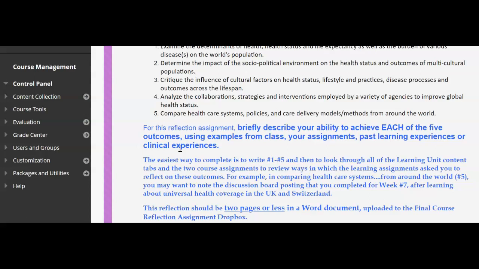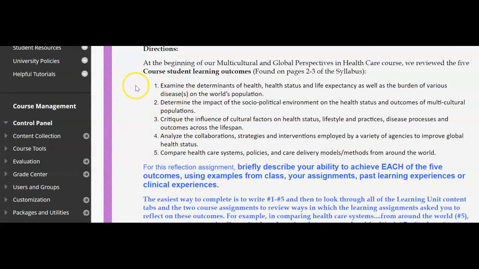Write 1 to 5. You don't have to write what the student learning outcome is for number 1, because we all know number 1 is examine the determinants of health, health status, and life expectancy, as well as the burden of various diseases on the world population.